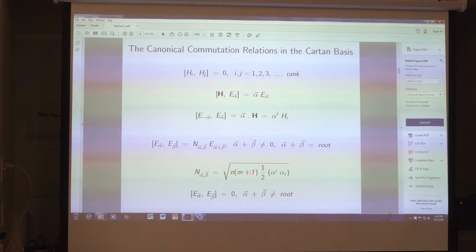The structure constant associated with this pairwise commutation relation is given by this. Should there be a beta in there? No, only alpha. It doesn't depend on beta.